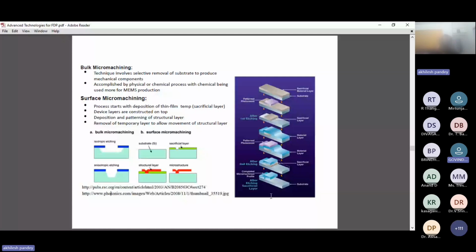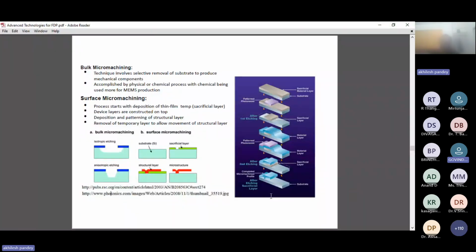In bulk micromachining, the etching is either isotropic or anisotropic. But in surface micromachining, a sacrificial layer is deposited onto the substrate, and a pattern is cut out in the sacrificial layer. The device layer is constructed on top, deposited with the pattern, and removal of the sacrificial layer allows movement of the structural layer.